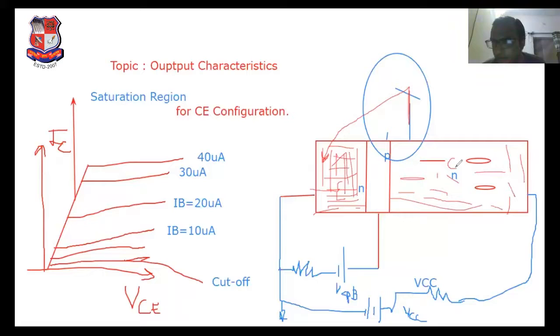So more electrons can enter. Base emitter junction is in forward bias, collector base junction is reverse bias. But whatever electrons are transferred, they are transferred through the emitter. Simply say, transfer the electron through emitter.